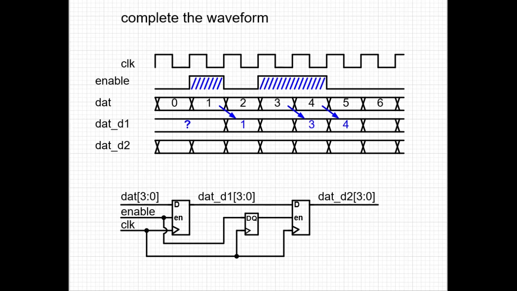We do know, however, that the input values of DAT are transferred to DAT D1 during the active enable periods. And the value of 1 is held until the next enable time, along with 4.